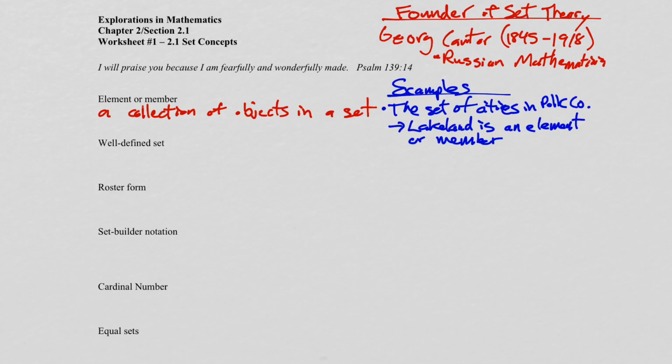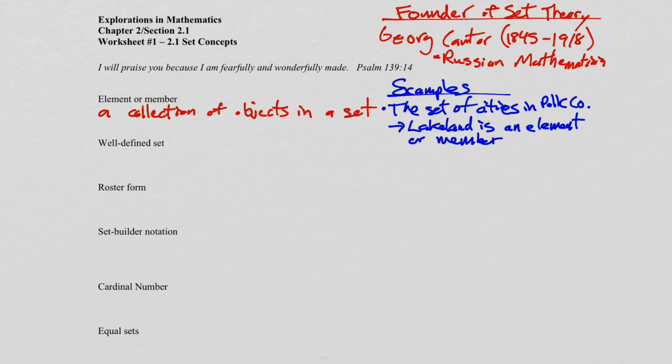Now, a well-defined set, we use defined sets for descriptions. And I'll mention, what we're talking about right now are descriptions of sets. We're using words and phrases and sometimes a whole sentence.